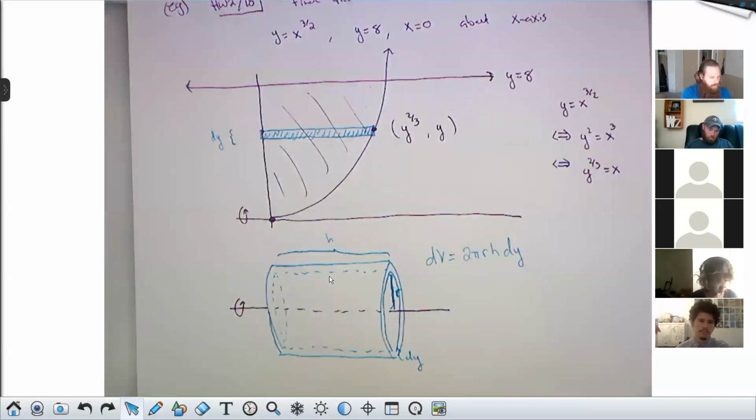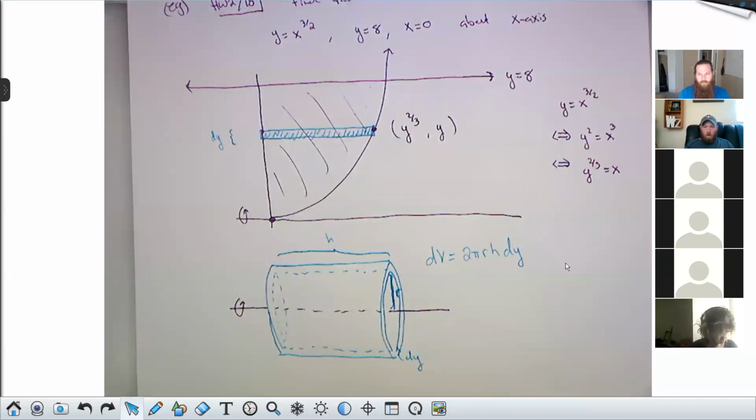So r in this picture is what? Just in terms of distances, what is r? Y. So again, in terms of distances, how would you describe what that radius is in just regular English language? The distance from the x-axis to the point.